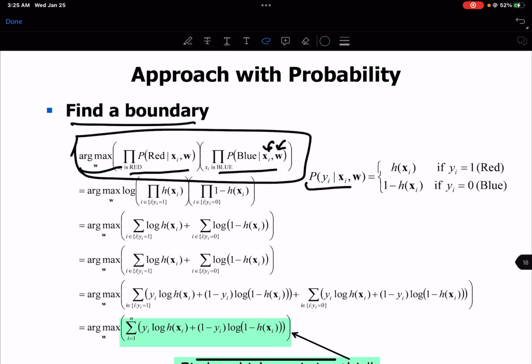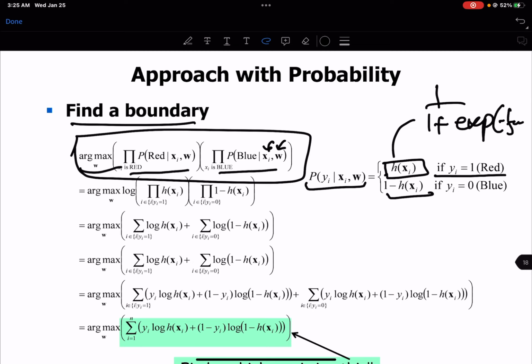Your probability function for y_i is defined: if y_i is 1 (red), you define your function as h of x_i, and if y_i is 0, you define it as 1 minus h of x_i, where h of x_i is defined as this function of w and x_i.